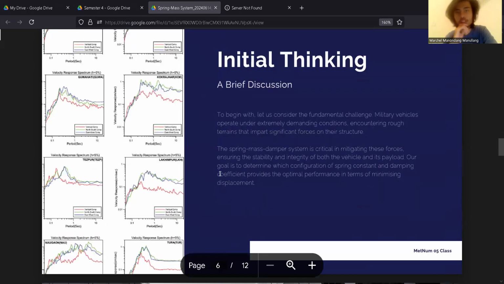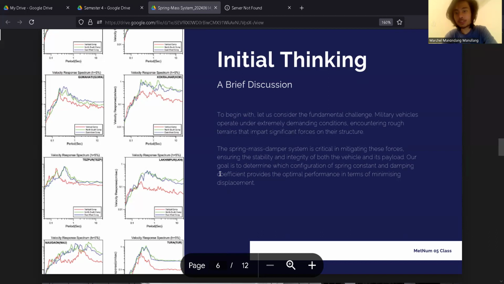All right, we continue to initial thinking. To begin with, let us consider the fundamental challenge. Military vehicles operate under extremely demanding conditions, encountering rough terrains that impart significant forces on the structure.